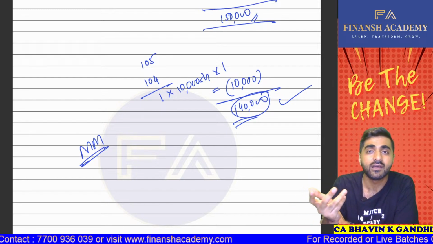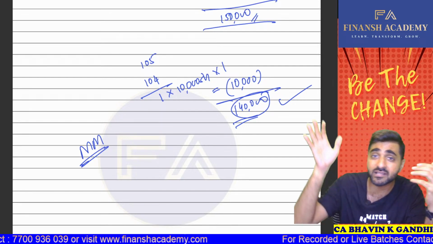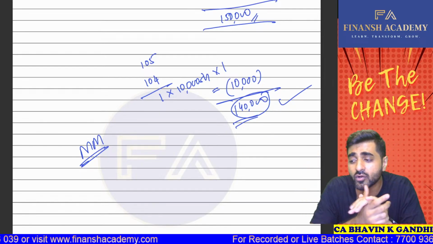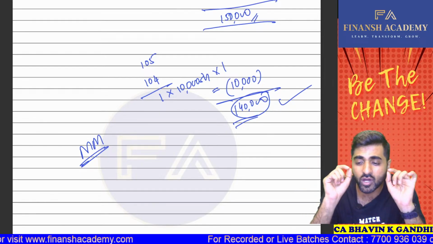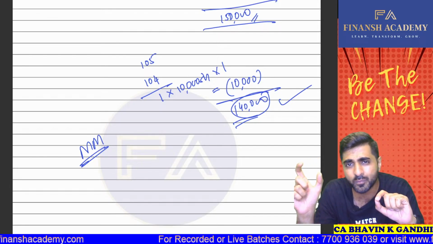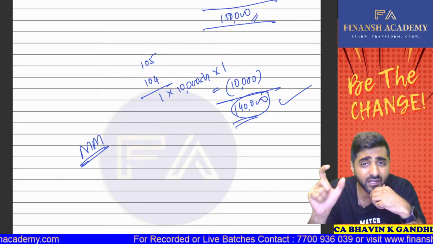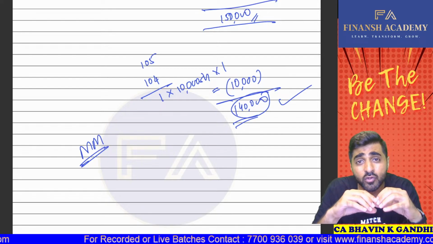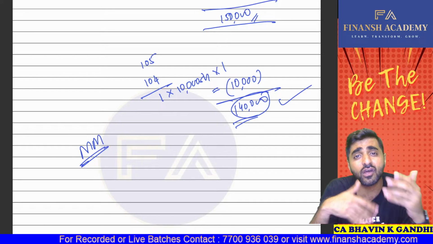So the broker will not like that, because someday if the prices fall drastically, then the entire margin will be blown up. So what the broker does in such a situation is, the broker will always tell the client that now 1 lakh rupees is the margin. But if your margin falls below, let's say 60,000, then you have to again refill your account.